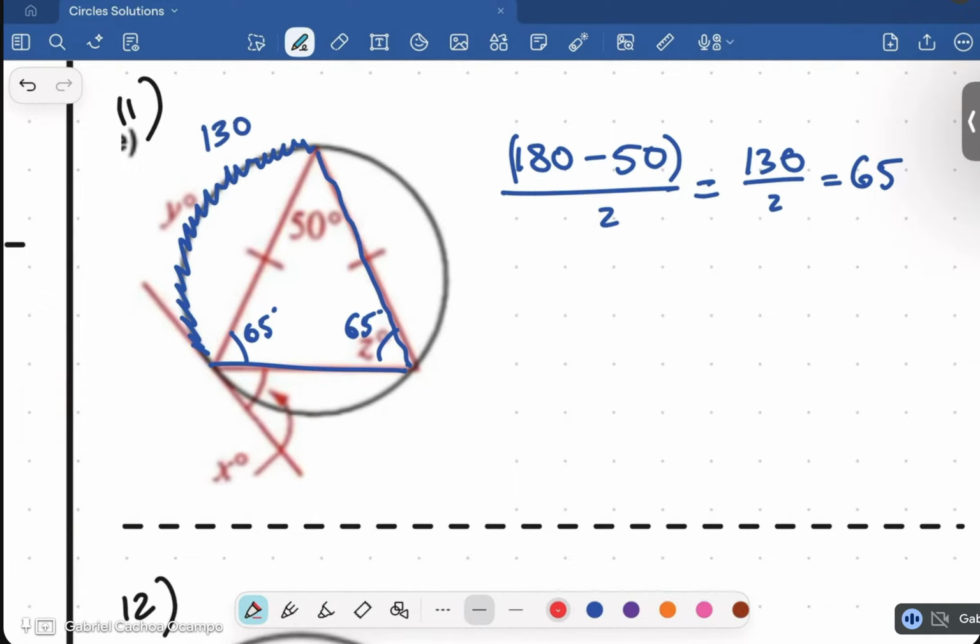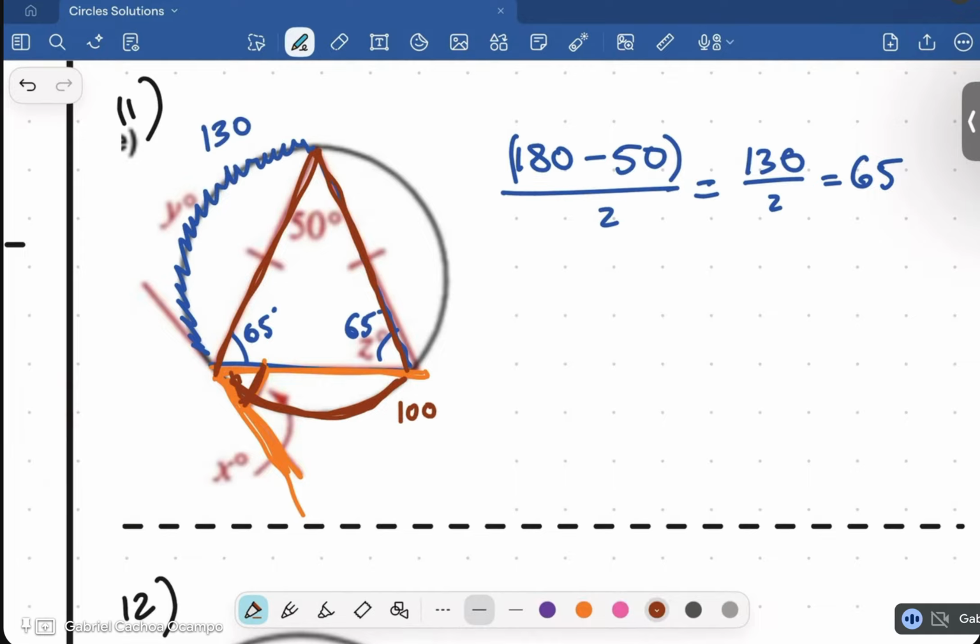Okay, but the one that matters, the new one, is this angle X. The angle X is an angle over the circumference, so X is gonna be half of this arc. How much does this brown arc measure? Well, the arc is gonna measure 100.